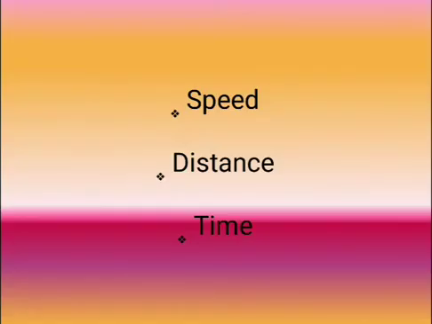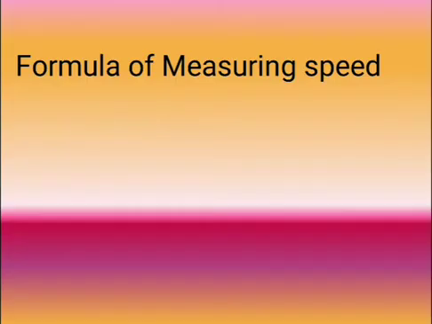For analyzing the speed of the object, we need three things. We need to know the distance covered by the object, and we need to know how much time the object takes to cover that stipulated distance.